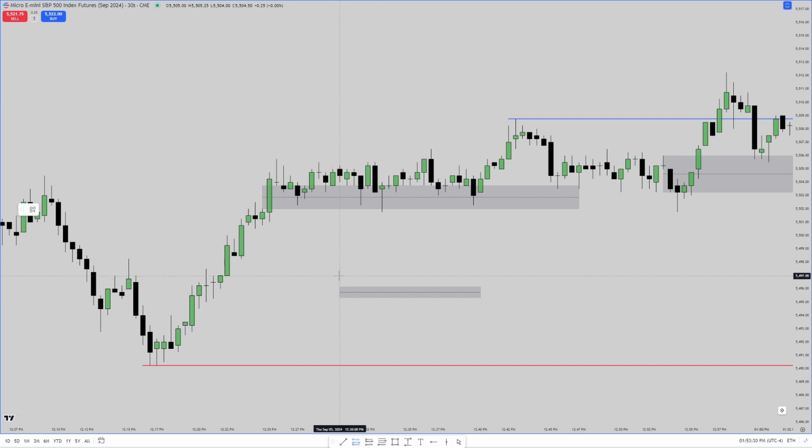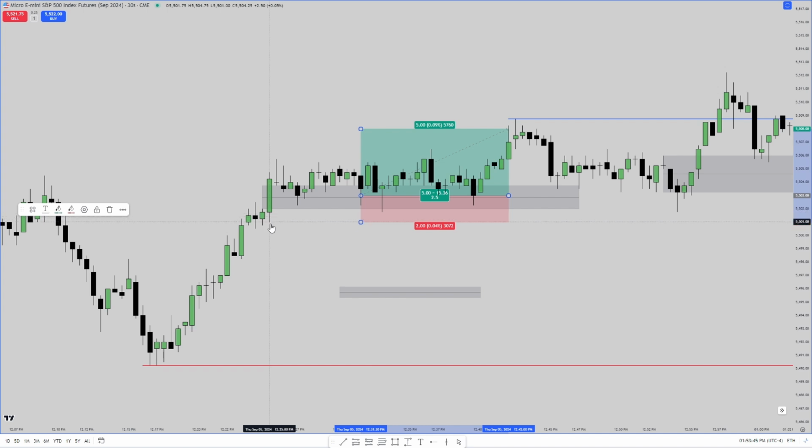Your entry is going to be right here. As soon as it comes down into it, 50%, take 5 handles. Beautiful. Stop loss is the low of the candle that makes the fair value gap. So this one, it'd actually be this one right there. That'd be your stop loss. That's your take profit.